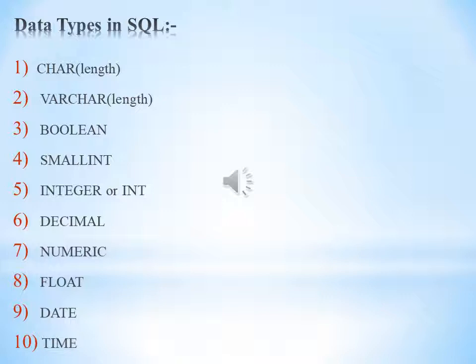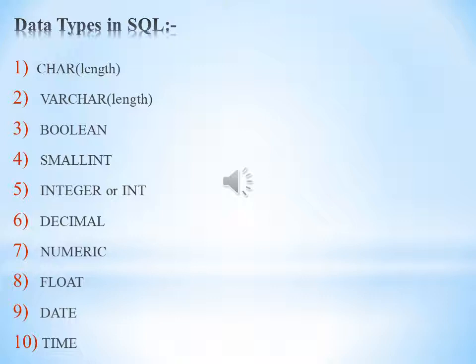Next are the data types in SQL. SQL is structured query language, and in this language data types are also used. There are 10 data types used in SQL. Here is shown the list of the data types in SQL, with a detailed explanation in the next slide.